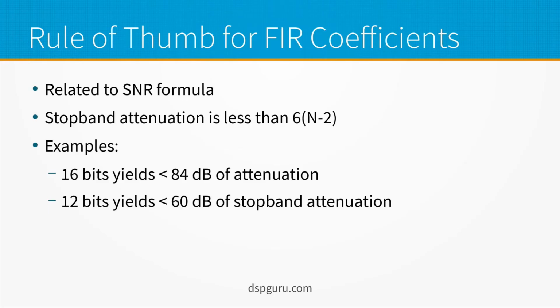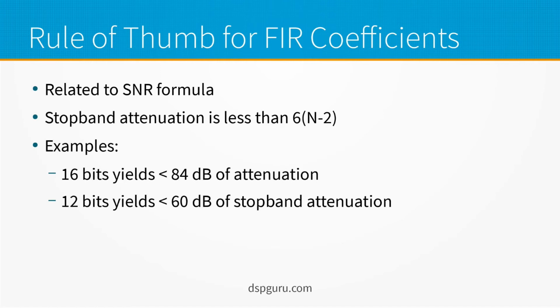So here's a rule of thumb for FIR filter coefficient size that I've developed for the Parkes-McClellan type designs. Again, the emphasis is on the stop band because the other things tend to take care of themselves. It's related to the signal-noise ratio formula we covered earlier. We're expecting the stop band attenuation to be less than 6 times the number of bits minus 2.